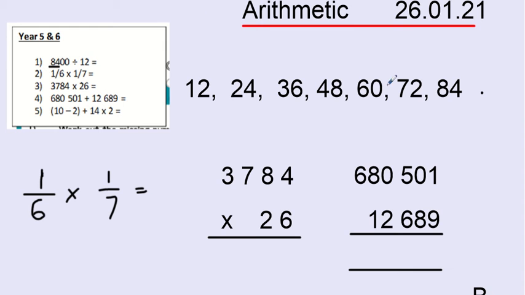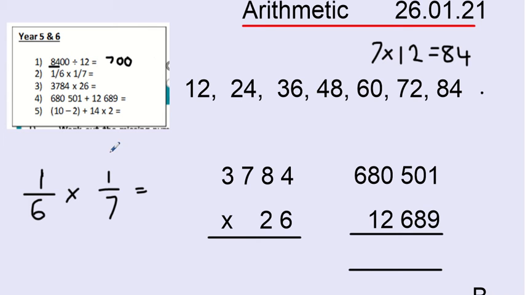So I know 7 times 12 is 84. Now that means I can look at this calculation and think, right, 12 into 84 goes 7 times exactly. 12 doesn't go into 0, and it doesn't go into this 0 either. So my answer is 700.